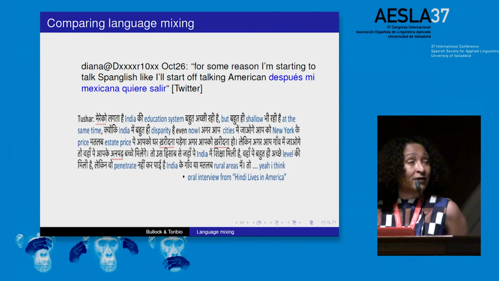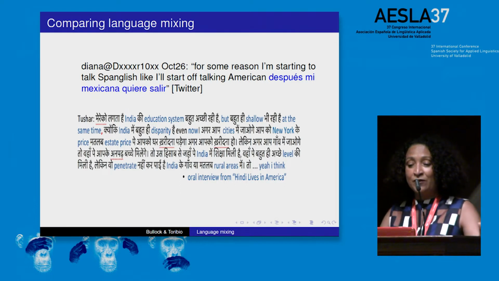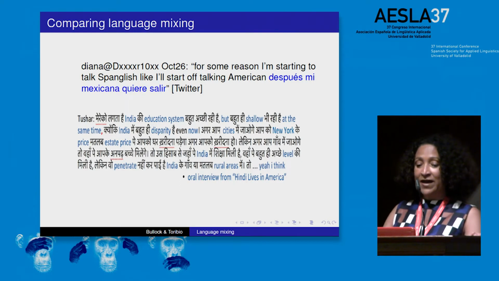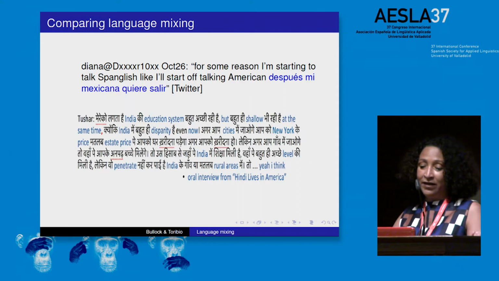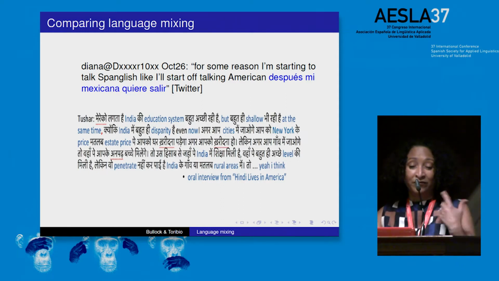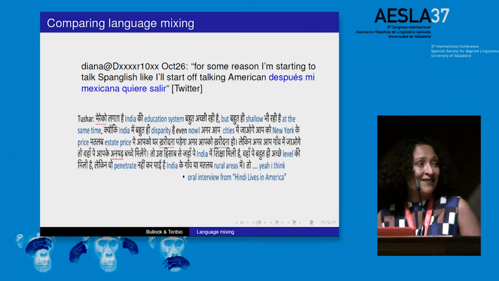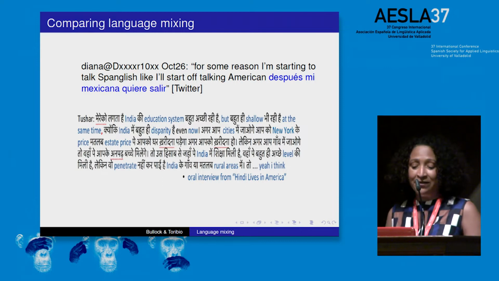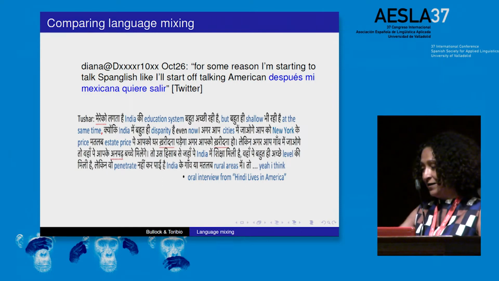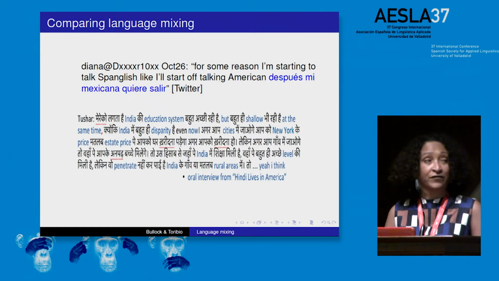Here's a good example of language mixing. In the first example, "for some reason I'm starting to talk Spanglish, like I'll start off talking American, después mi mexicana quiere salir." That's a great example from Twitter, and you can see the presence of Spanish and English. In the second example, this is a lovely example, it was shared with us by a colleague who directed a Hindi program at the University of Texas.